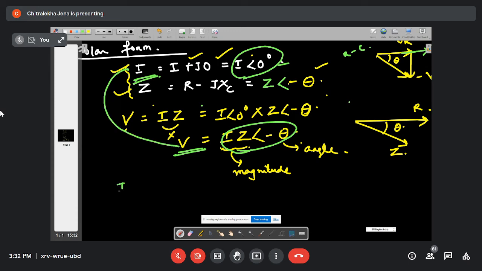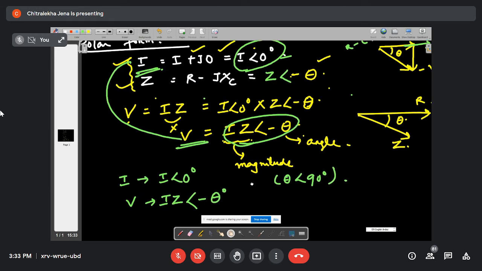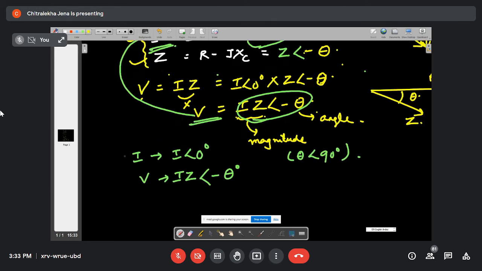I is present at an angle 0 degree, V has magnitude IZ and is present at an angle of minus theta degree. Obviously, theta is less than 90 degree. What do you conclude from these two? Tell me.